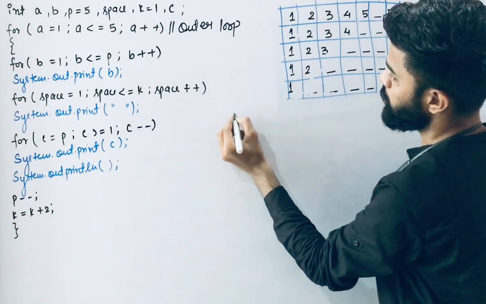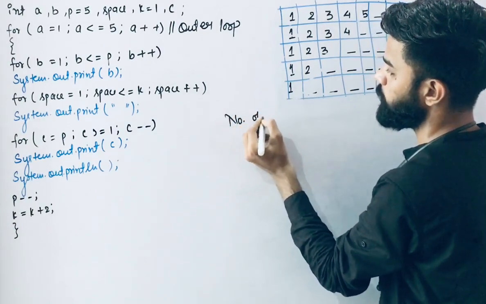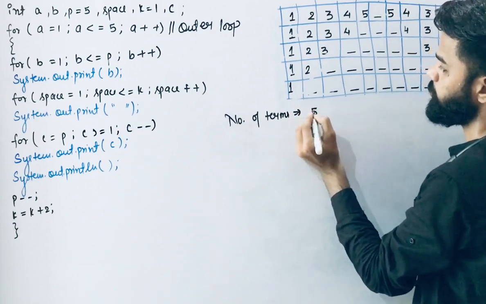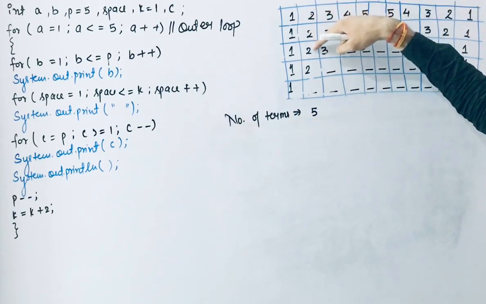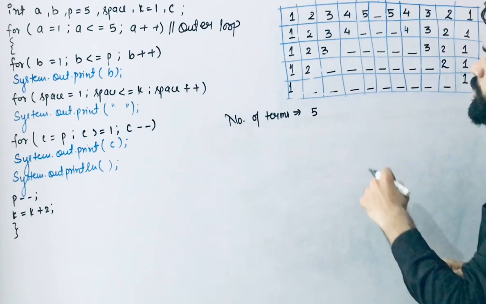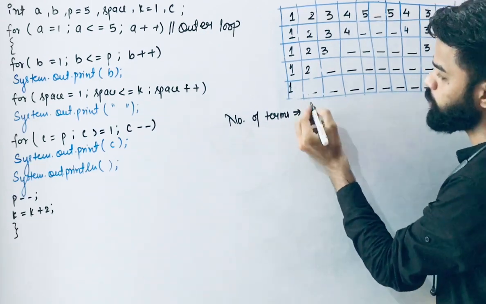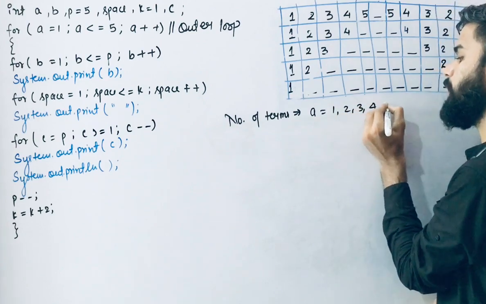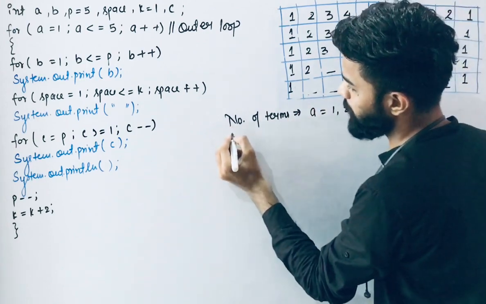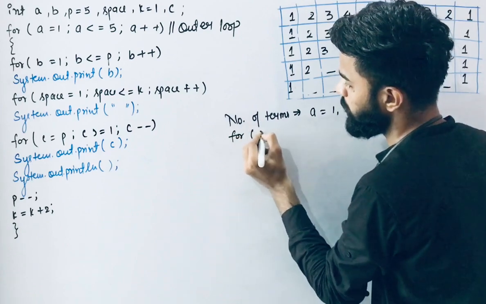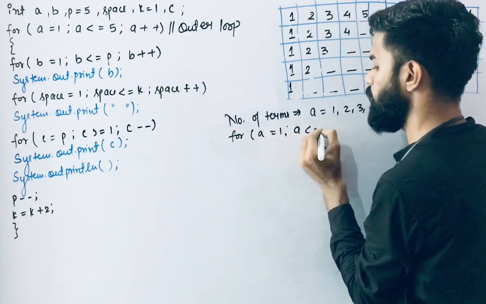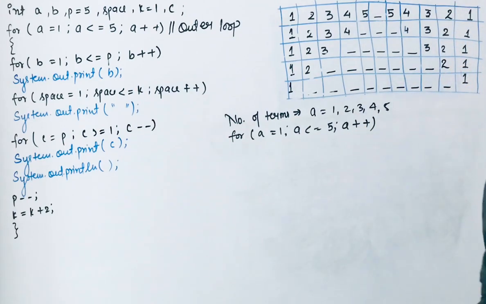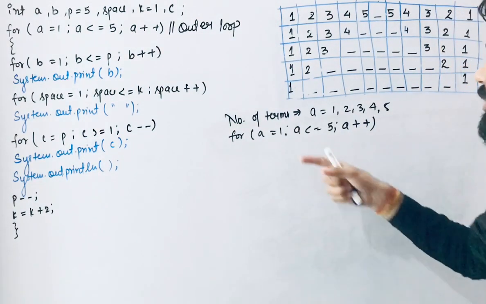So if I am writing the number of terms, it is 5, because first, second, third, fourth and fifth. So because of 5, I am going to write A equal to 1, 2, 3, 4 and 5. That's why I am writing for A equal to 1, A is less than or equal to 5, and then A plus plus. This is our number of terms, the outer loop.